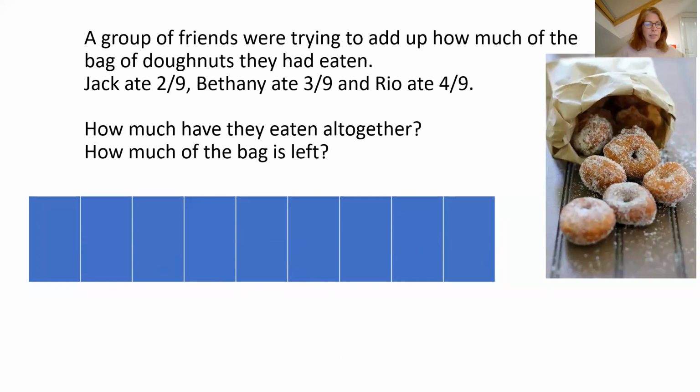And I can quite easily mark on here that Jack had eaten 2/9. There they are. Bethany ate 3/9, 1, 2, and 3. And Rio ate 4/9, 1, 2, 3, 4.